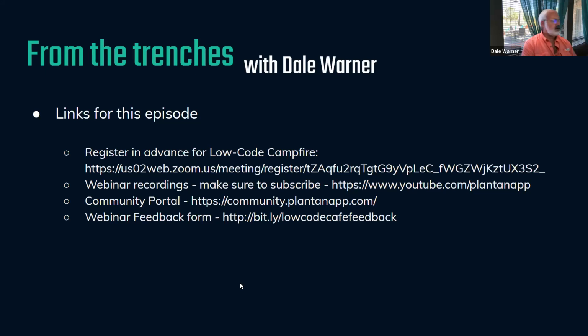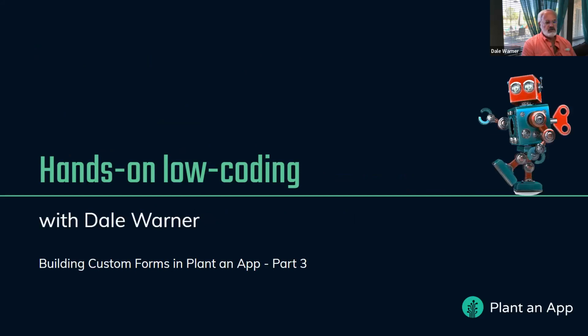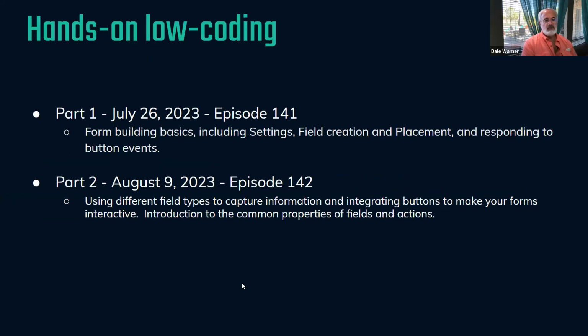So with that said, we'll dive into Plant and App Building Custom Forms Part 3. In Part 1, we just started covering the form building basics and explaining the settings and how to place fields on the form and things like that. If you missed it, drop back onto YouTube, look for episode 141.